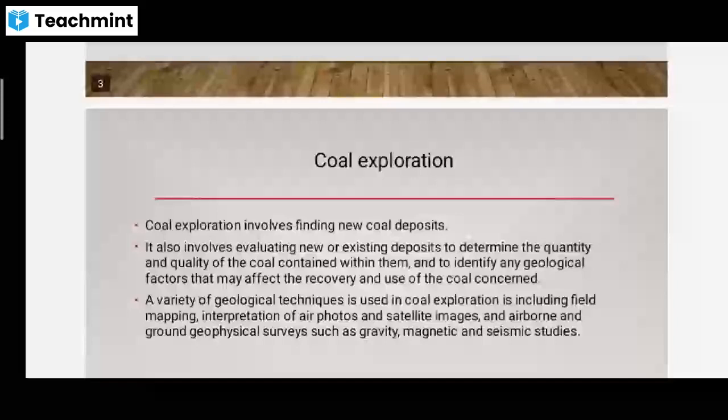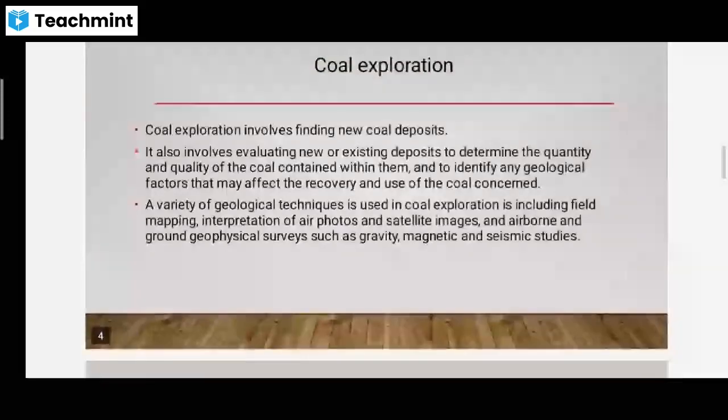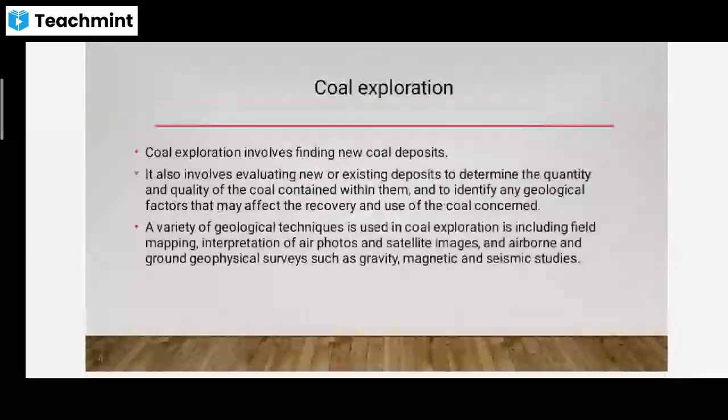Coal exploration. Coal exploration involves finding new coal deposits. It also involves evaluation of new or existing deposits to determine the quantity and quality of the coal contained within them and to identify any geological factors that may affect the recovery and use of the coal concerned.